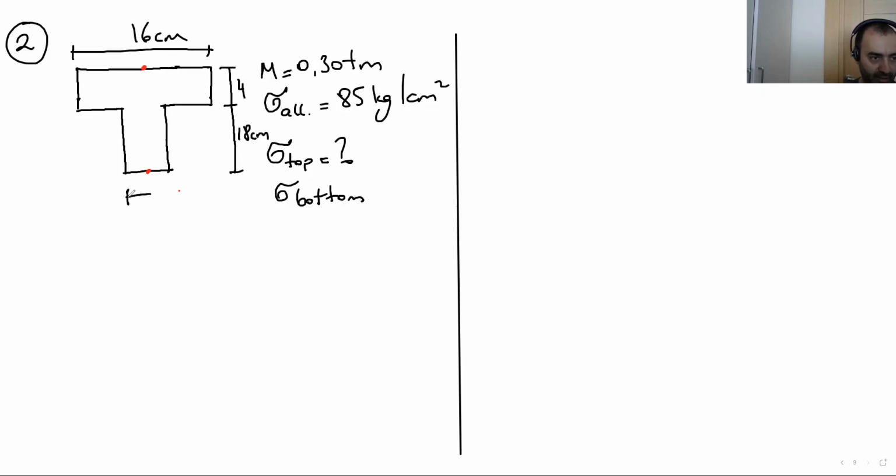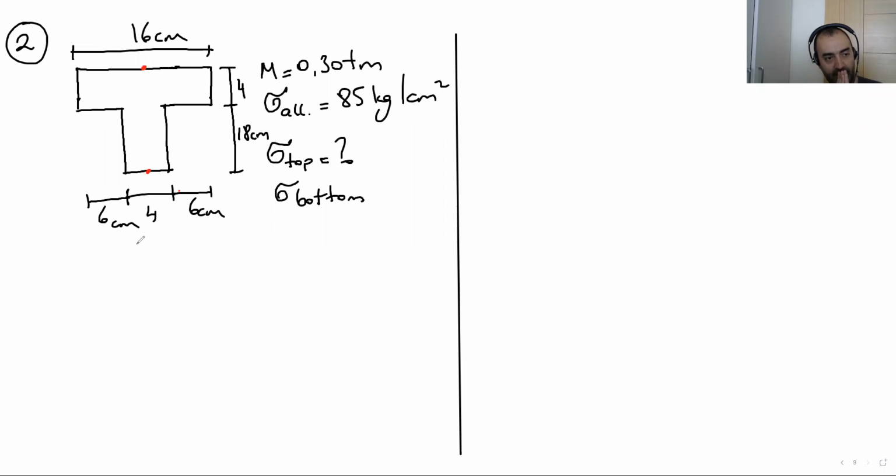This web thickness is 4, and the flange width, left and right side, 6 centimeter, 6 centimeter. Now, what are we gonna do? The moment on the section is 0.30 meter. Allowable stress is as seen on the screen.